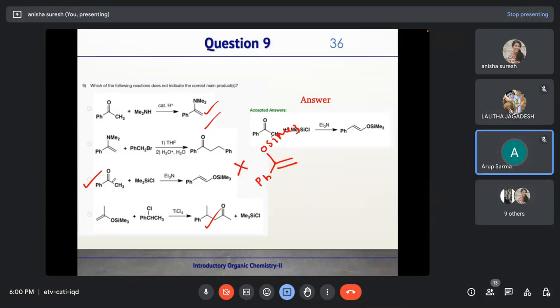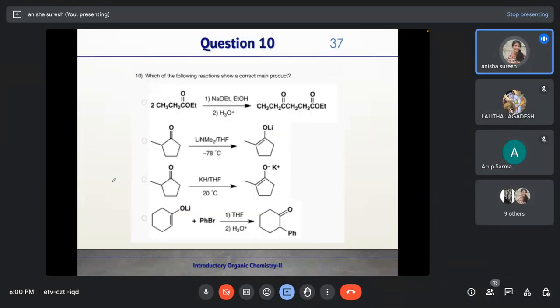Yes, ma'am. Okay, now coming to question number 10. So which of the following reactions shows a correct main product? So different reactions and their products are given.